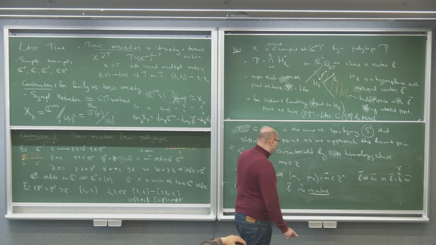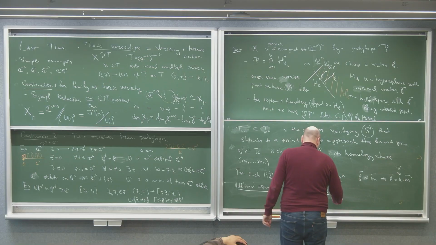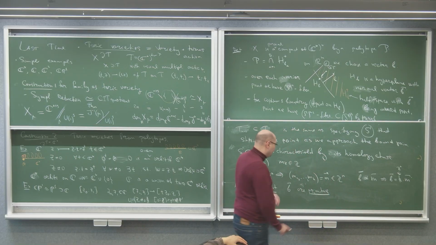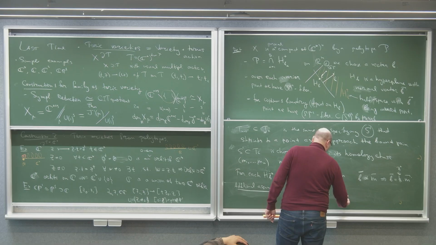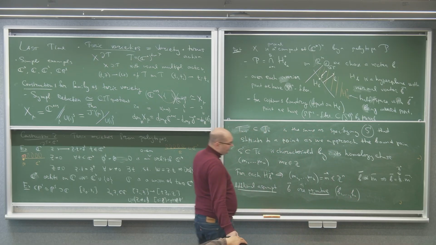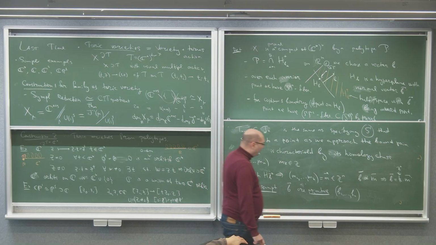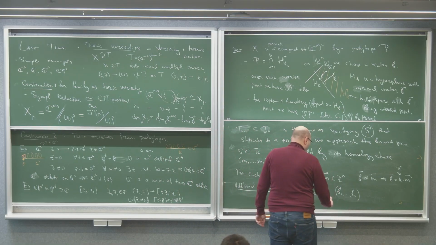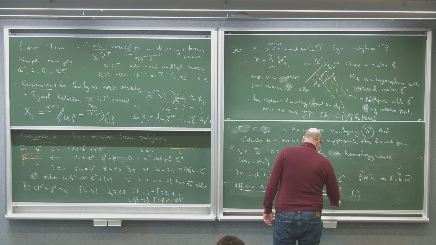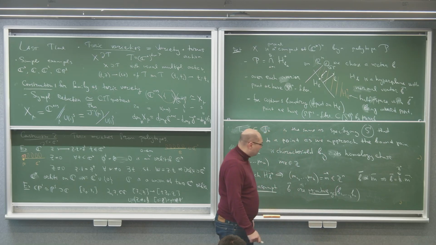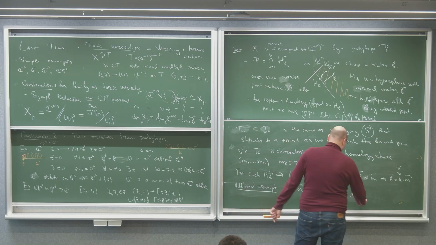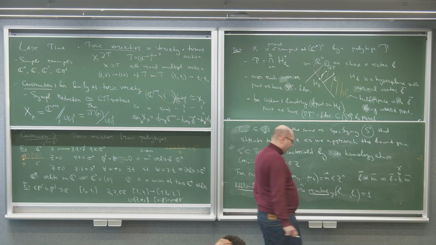Primitive in the following sense: the collection of their components, B1 to Bn, is just a collection of integer numbers, and we want these integer numbers to have no common divisors. So we want the greatest common divisor of all these numbers, B1 to Bn, to be just 1.